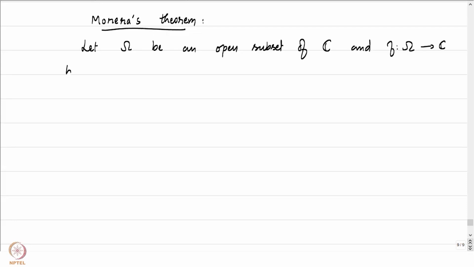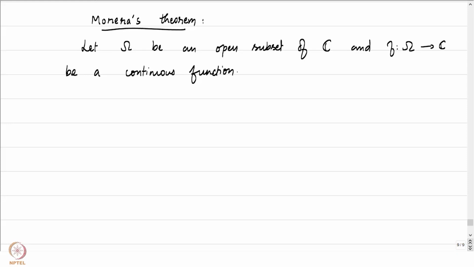This is going to be a direct application of the Cauchy integral formula, which is again a consequence of Cauchy's theorem. Let omega be an open subset of C and f from omega to C be a continuous function. We are not demanding the regularity to be anything more than continuity.